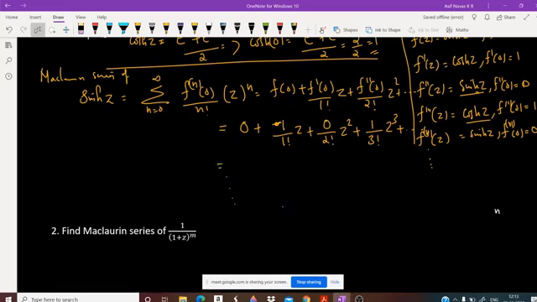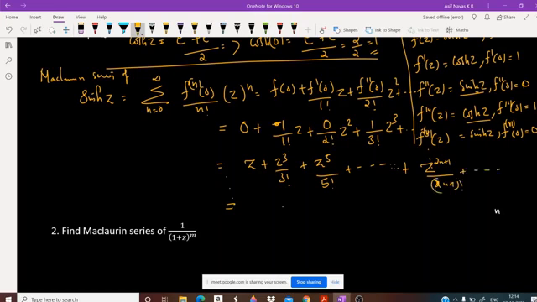What will be the answer? 0, z plus z cube by 3 factorial plus z raised to 5 by 5 factorial plus etc. If you continue like this, you will get z power 2n plus 1 divided by 2n plus 1 factorial plus etc. So this is equal to sigma n equal to 0 to infinity, which you can write in Taylor series form as z raised to 2n plus 1 divided by 2n plus 1 factorial.